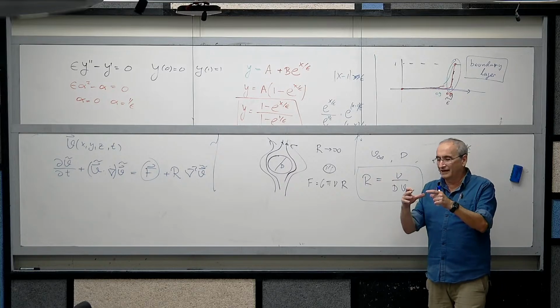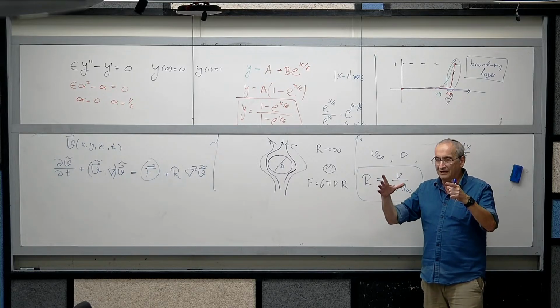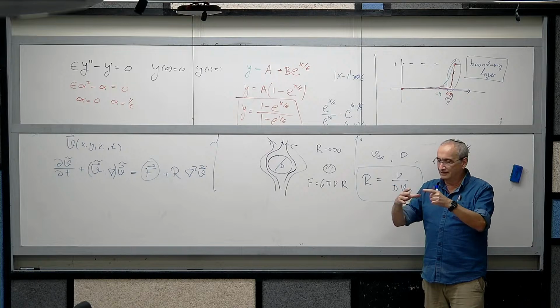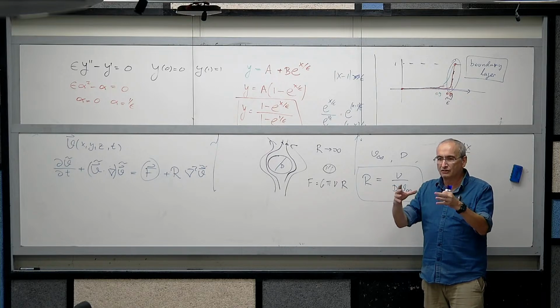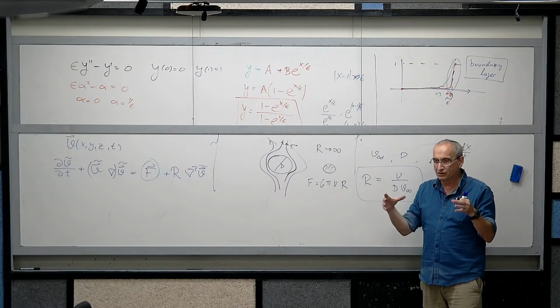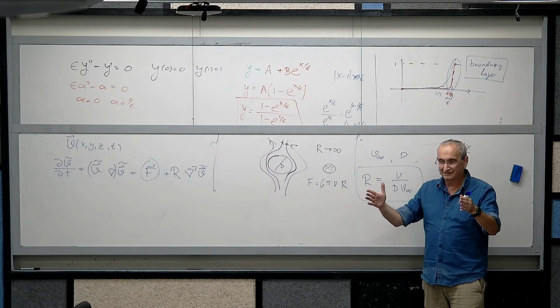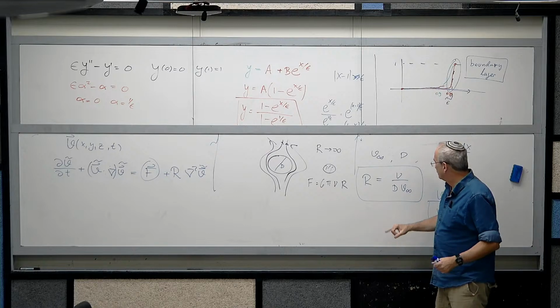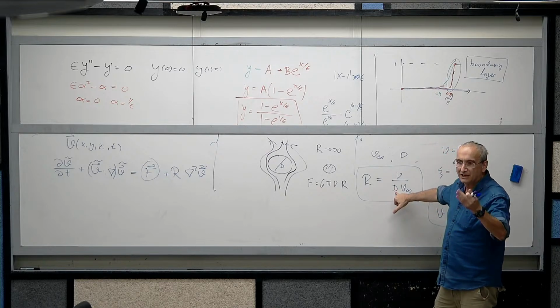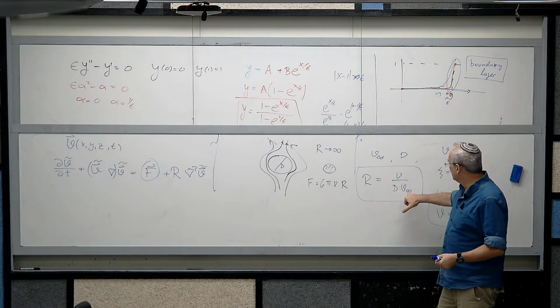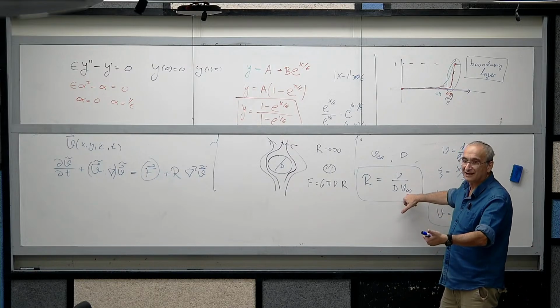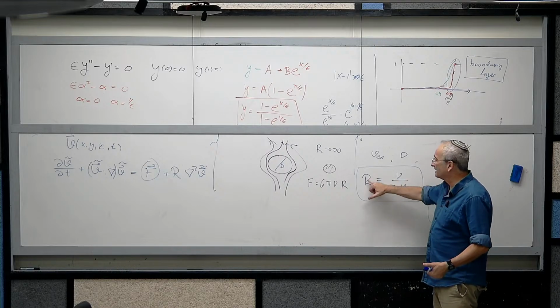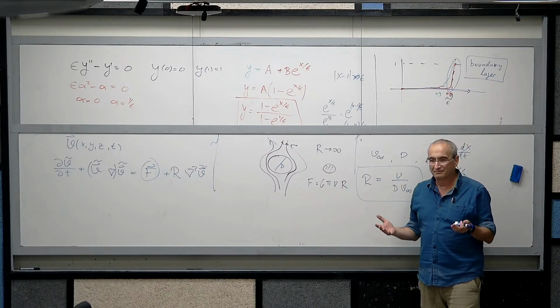So one builds a small version of the same airplane, same proportions, everything, but at this size. So D is divided by, say, 10, and then you put it in a wind tunnel where V is 10 times higher than the speed of the airplane, and you know that the answer will be exactly the same.